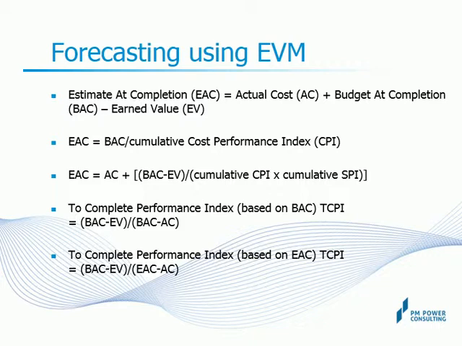The difference between TCPI in equations 4 and 5 is that in equation 5, EAC is used in place of BAC. This is in situations where the original budget at completion is no longer considered realistic by the project team and a revised estimate at completion is used in its place in the denominator. A final word of caution here.